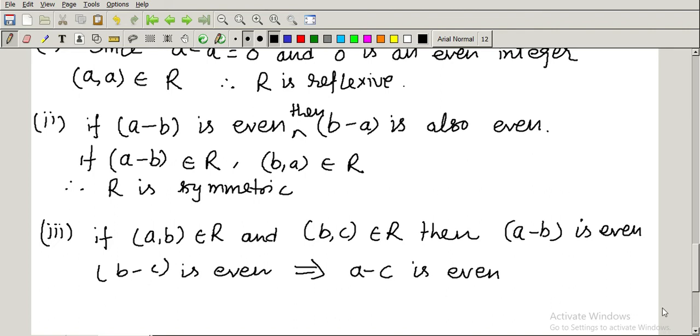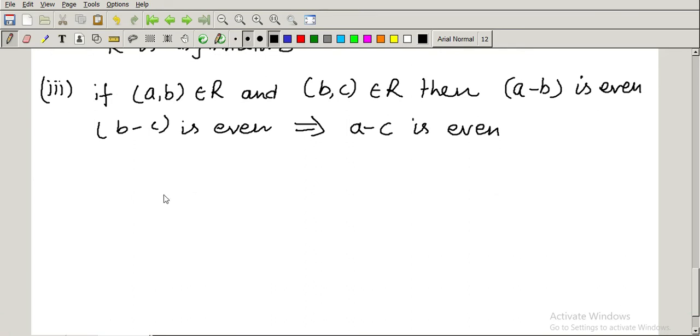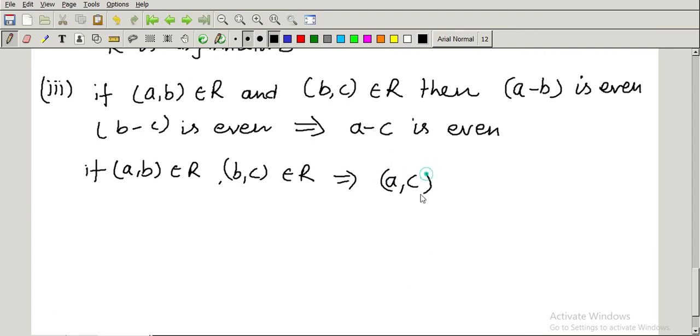So we can write it like: if (A, B) belongs to R, right, and (B, C) belongs to R, so obviously it implies that (A, C) belongs to R. R is nothing but your relation. The relation is even, means two variables are related to each other by using that evenness.